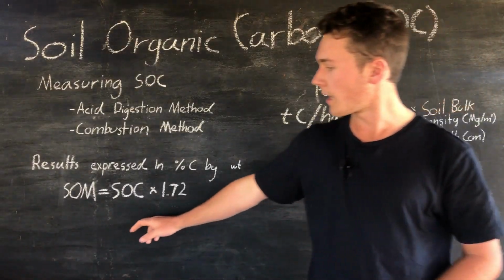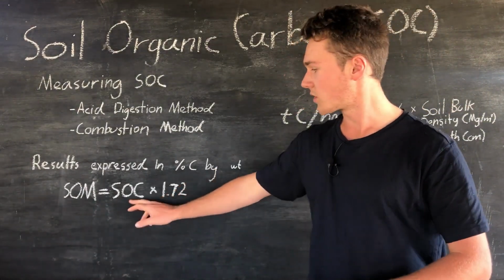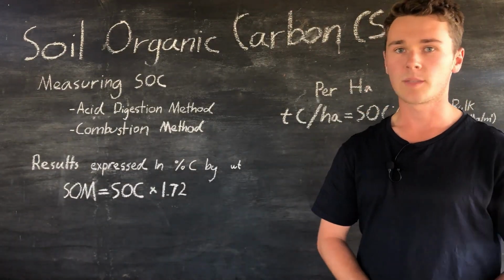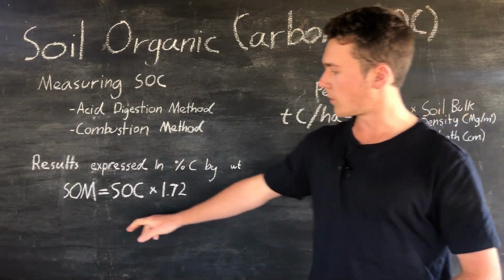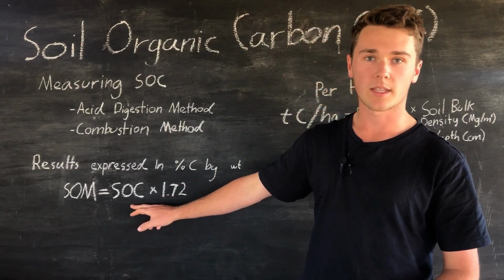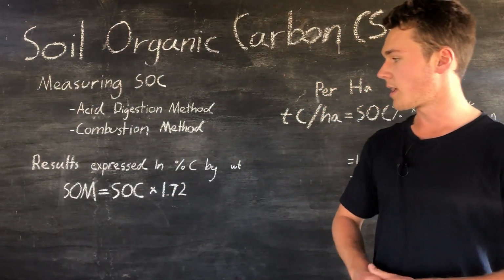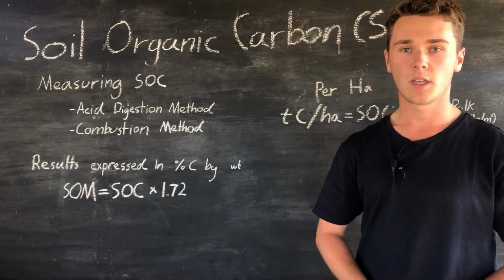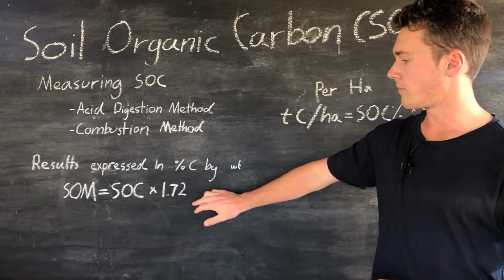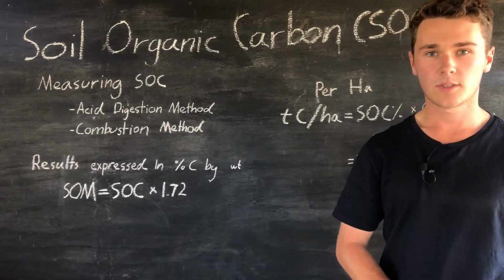If you want to work out your soil organic matter, you just times your soil organic carbon by 1.72. Now that is assuming that your soil organic matter is made up of 58% soil organic carbon. So this is just a rough number, and it probably will change for different soil types. But if you want a rough idea, you times it by 1.72.